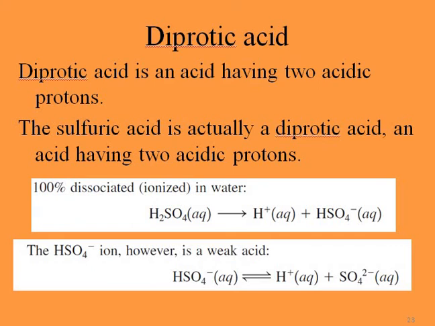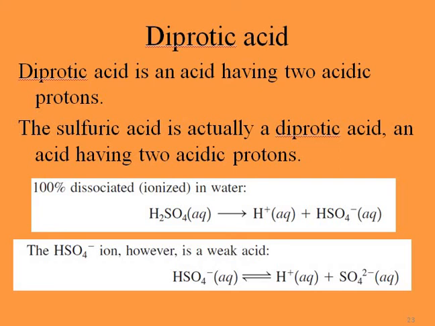In the second reaction, we have a weak acid. HSO4 minus is a weak acid. It loses the second proton, and it results in a proton and SO4 2 minus, which is the sulfate ion. So we have two reactions: the first one is a strong acid and the second one is a weak acid.